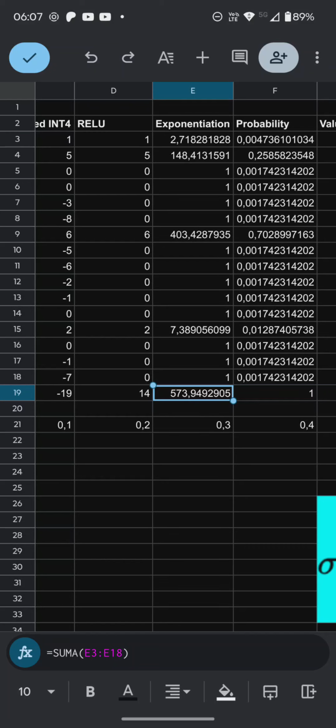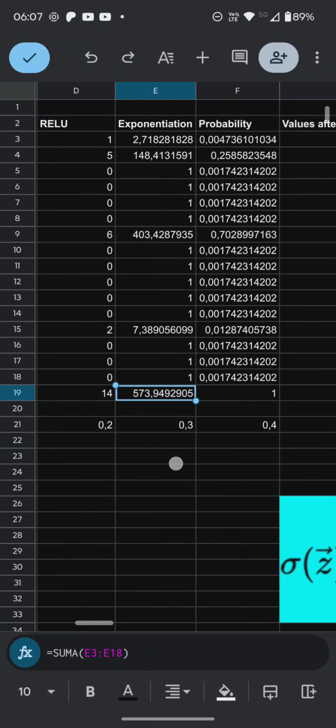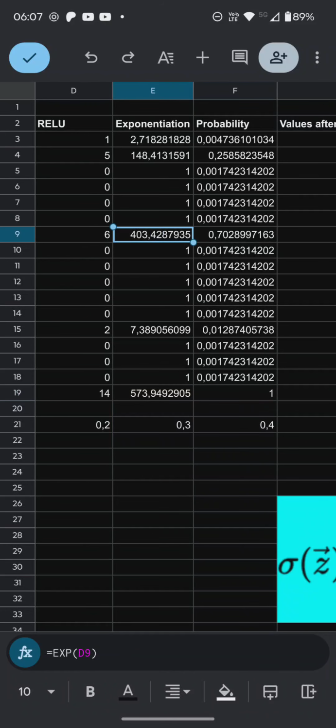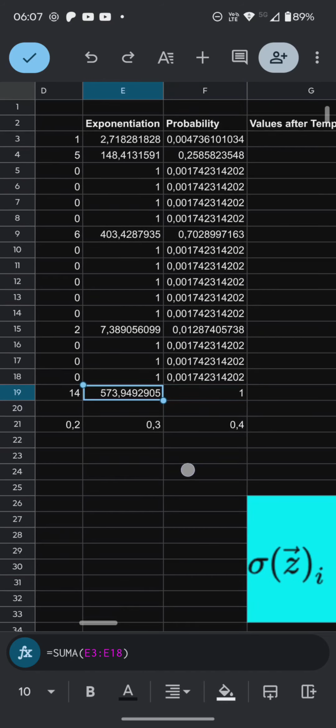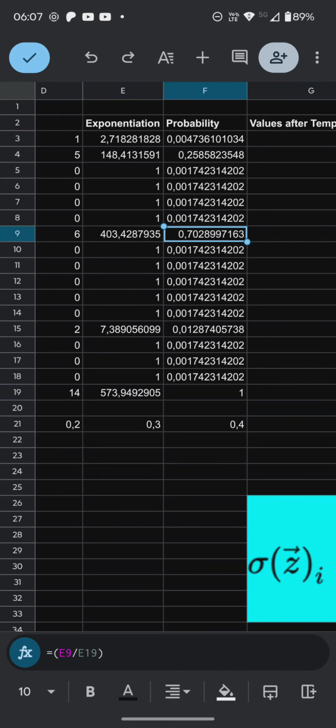So the sum is 573, almost 574. That's why 403 divided by 573 gives us about 70% chance that this logit will be picked. Same here, 25%, almost 26%. Here it's slightly above a percent, and the rest is almost nothing.